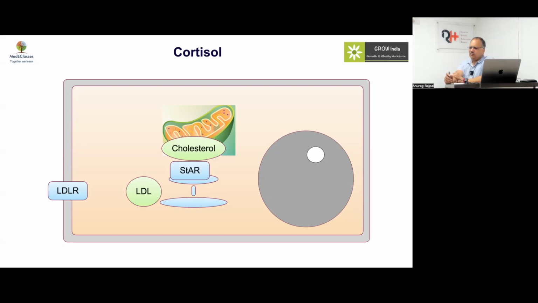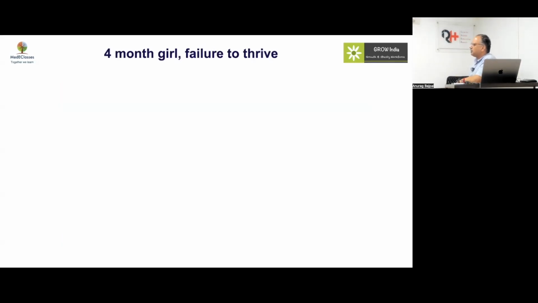Now, STAR is regulated via ACTH, via LH in the testes, and different hormones depending upon the particular site of steroid production, including angiotensin 2 for aldosterone. So cholesterol in a normal scenario will be going very slowly into the mitochondria, but if you have STAR, it suddenly starts to push it into the mitochondria, where you have a whole process in which you produce these steroid hormones, which are released.